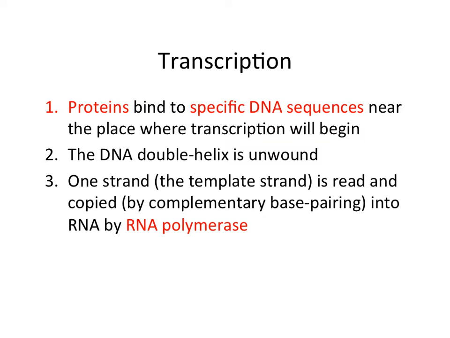Right, critical concept. Some of the proteins that we have in our cells bind specific DNA sequences. Specific DNA sequences, not any DNA sequence, but those proteins go around our nucleus on our chromosomes looking for specific DNA sequences to bind to. That's important in transcription. That's how the cell knows where to start transcription.